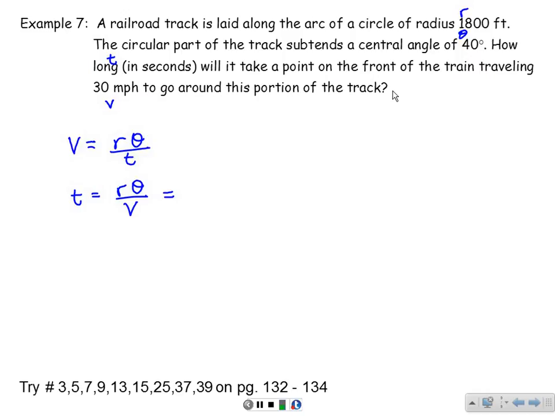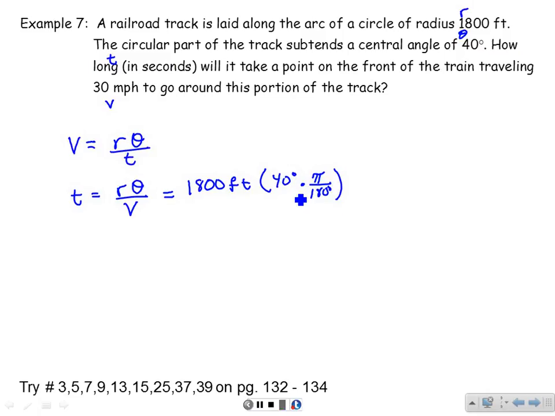So R is 1800 feet. Theta is 40 degrees, but we don't need 40 degrees, so let's go ahead and do a conversion. And we know to change it to radians, we're going to have pi over 180. So we have this conversion because we need to change degrees to radians, and just remember that's our conversion.